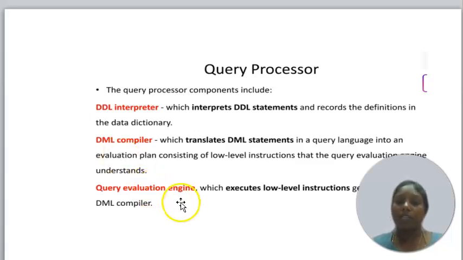Query evaluation executes the low-level instructions generated by the DML compiler. So there is an order: the interpreter interprets the definitions, then the compiler translates, and the evaluation combines the low-level language converted into the evaluation queries.